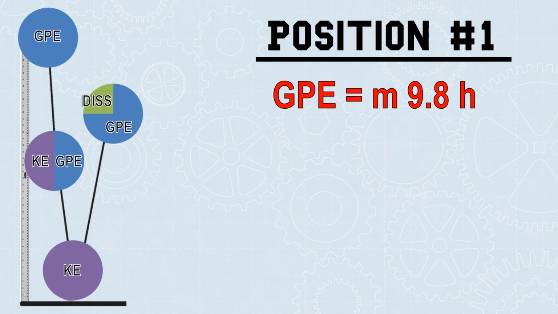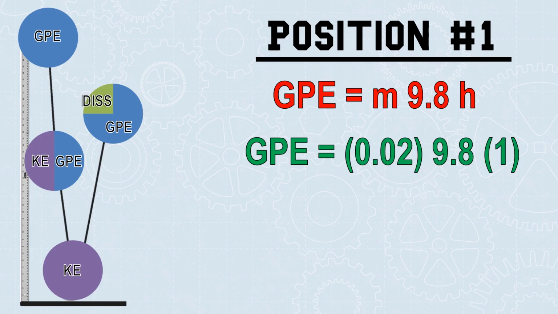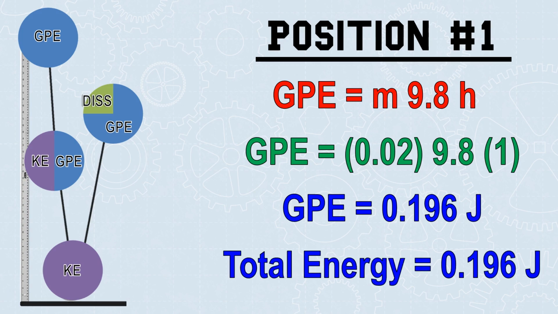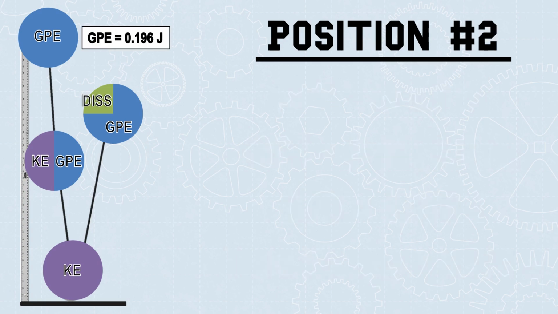If my bouncy ball had a mass of 0.02 kilograms and was dropped from a height of 1 meter, I would have a total gravitational potential energy of 0.196 joules. This is also my total energy, which means that every pie chart at every point throughout that motion has 0.196 joules of energy.